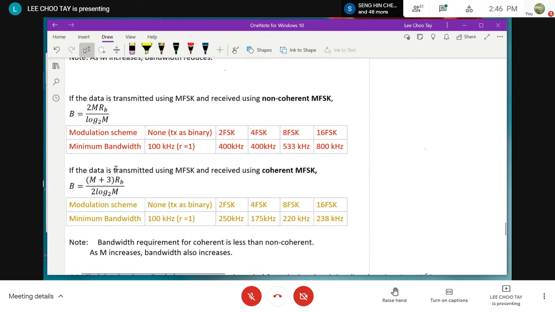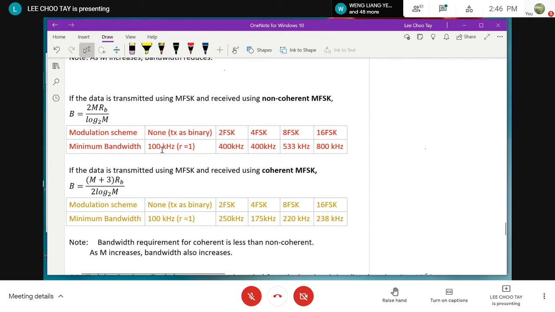If you put the numbers in, in this case I just want to compare R equals 1. If R equals 1, and I transmit the binary data using the 2FSK technique, I'll need a bandwidth of 400 kilohertz.